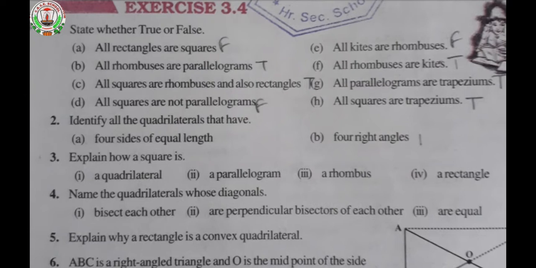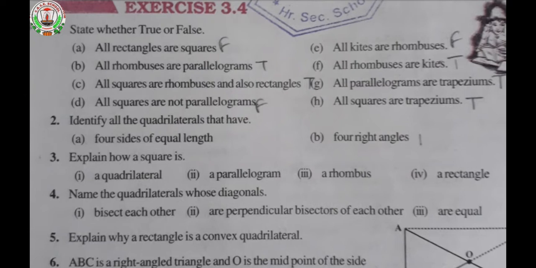Now in the fifth question, what is asked is to explain why a rectangle is a convex quadrilateral. How many types of quadrilateral do we have? We have two types of quadrilateral, isn't it? One is convex quadrilateral and the second one is concave quadrilateral. So for this question you have to know the difference between convex and concave quadrilateral.